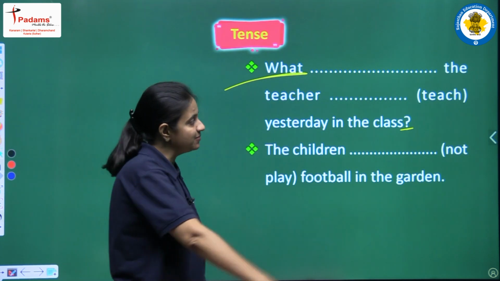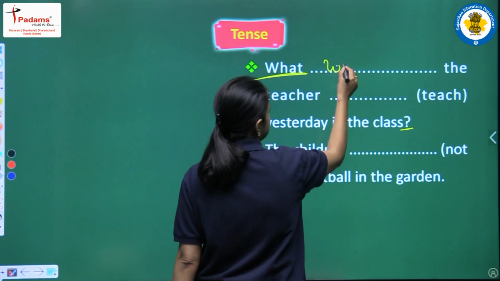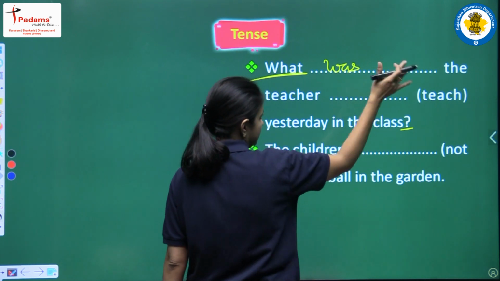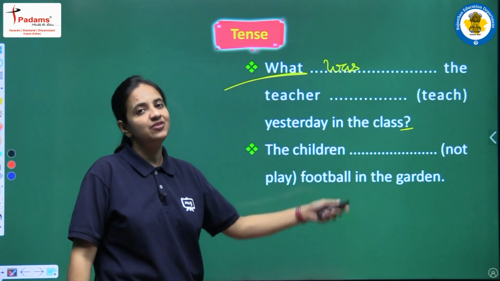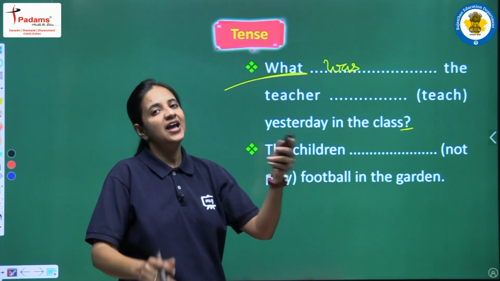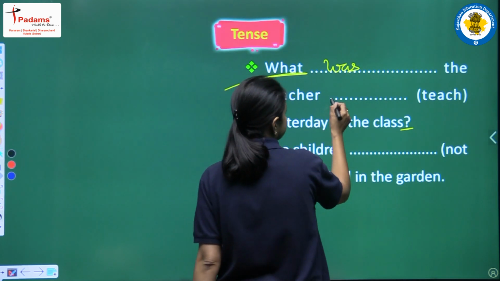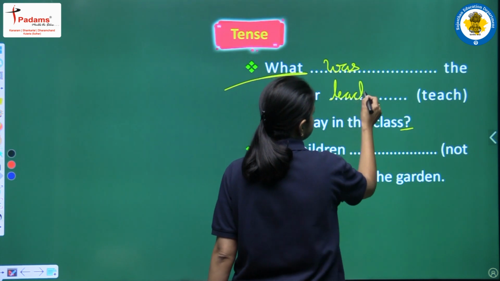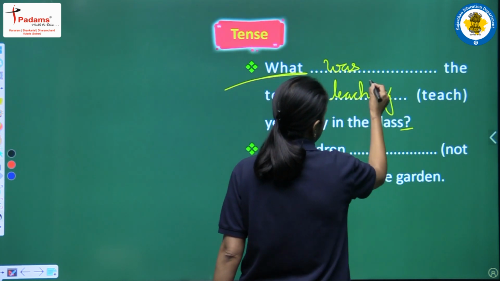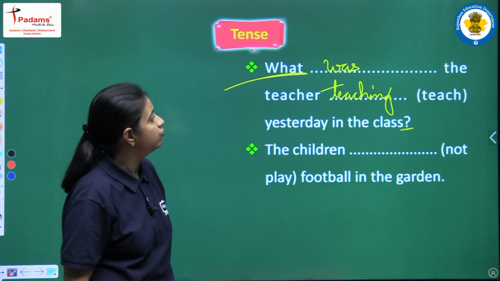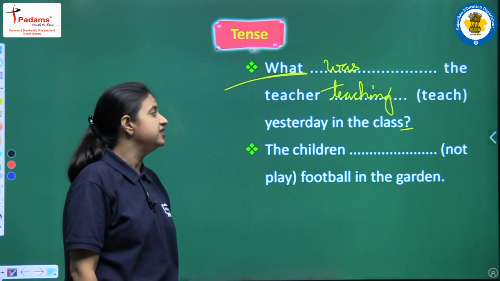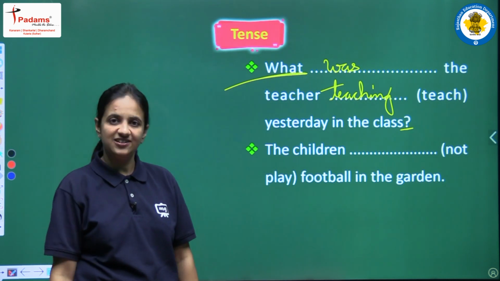So for a singular subject we will write was. What was the teacher? Next we come to the main verb. We have teach as the main verb and we will add ing, so it will be teaching. And the sentence will be, what was the teacher teaching yesterday in the class, right?